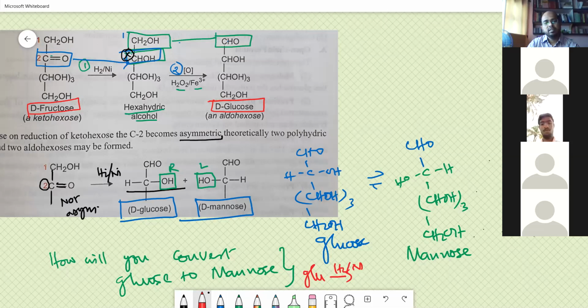This is reduction, and you will get a hexahydric alcohol, and then you will oxidize the same using H2O2, and then you will get epimers. Okay, epimers. So one epimer is glucose, the other epimer is mannose.